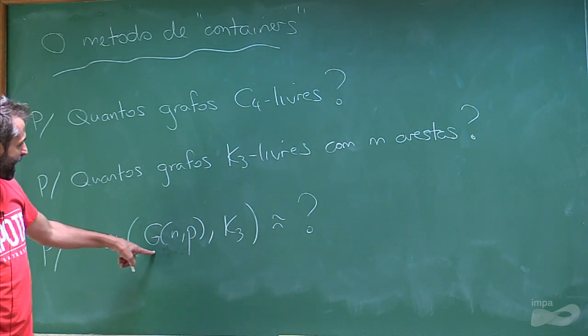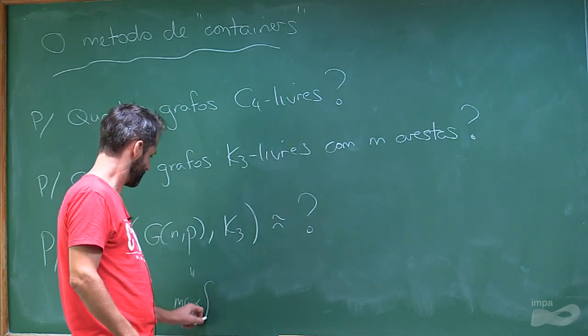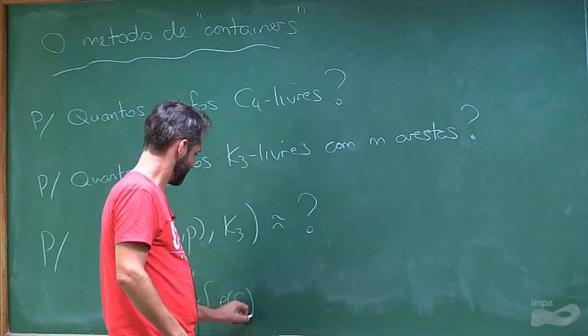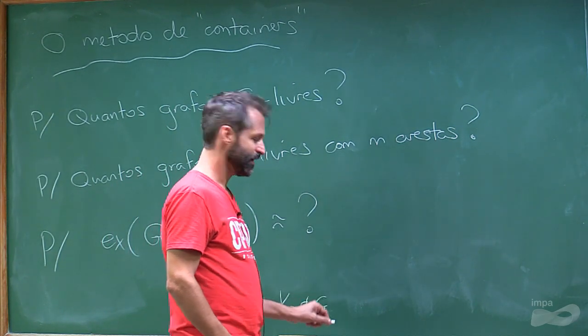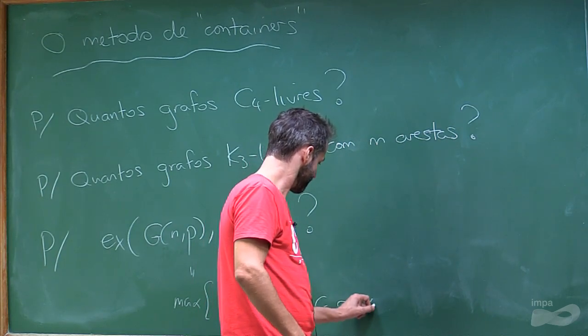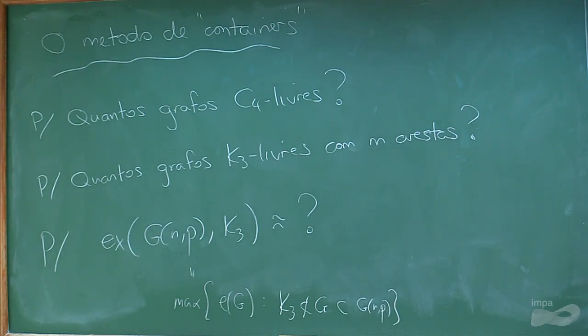This is the maximum number of edges in a graph that is triangle-free and is contained in G(n,p). This is a random variable, right? It depends on G(n,p).